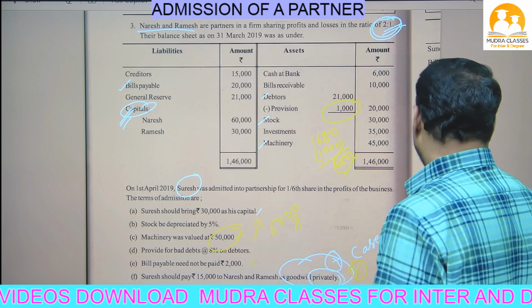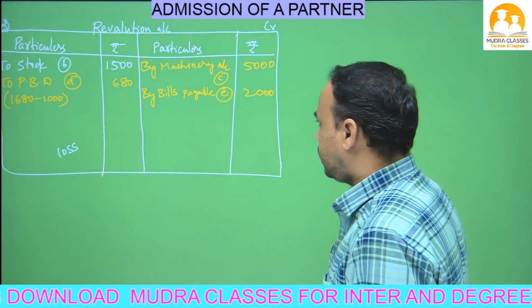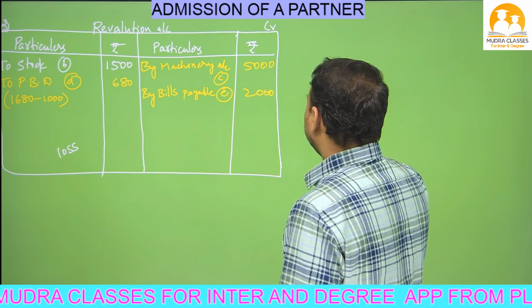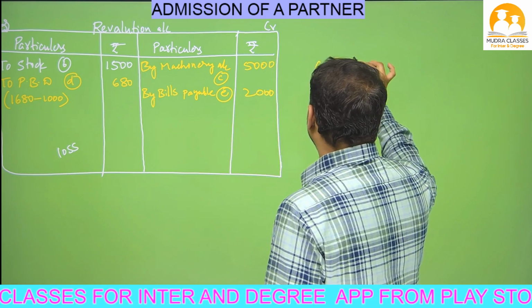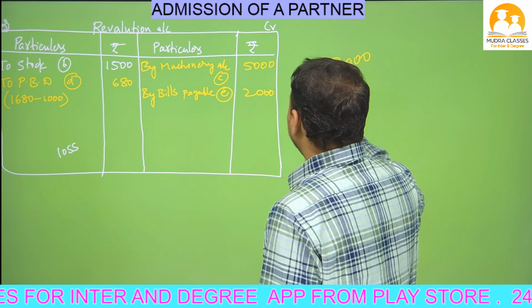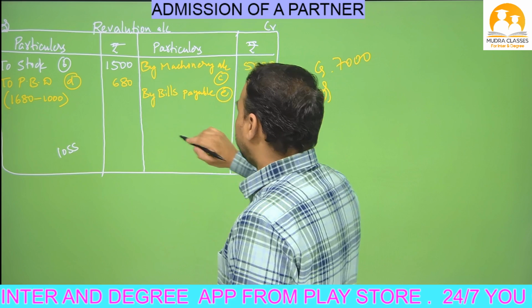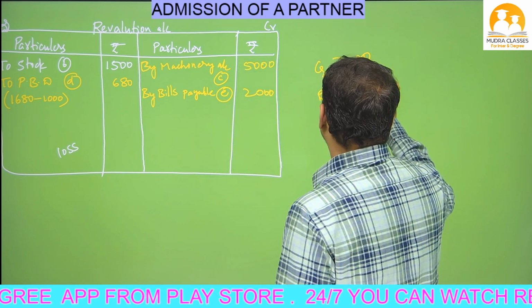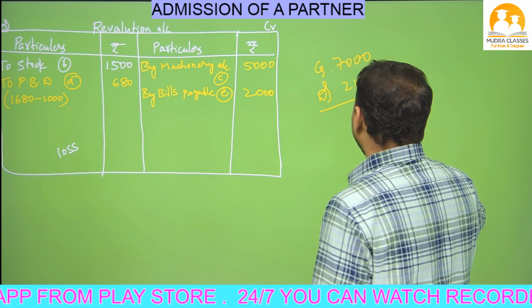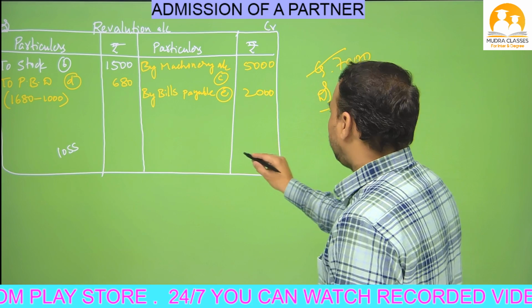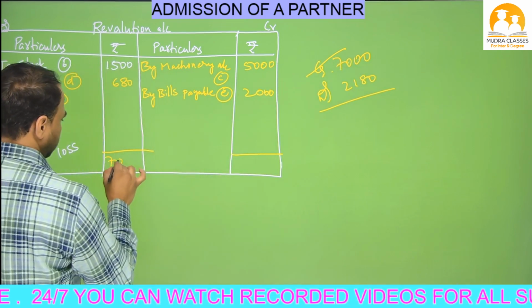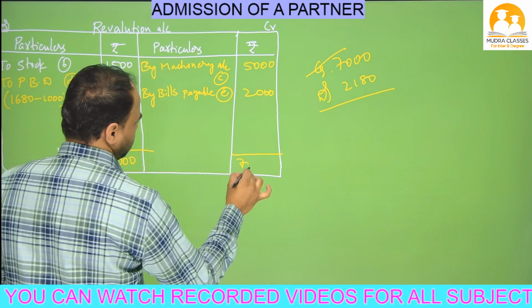Okay, now we have to close the account. Let's first close the revaluation account. Revaluation account credit side total you see, Nana, 5,000 plus 2,000. Credit side total is 7,000 rupees. Now see the debit side total, 1500 plus 680, 2,180. Now in these two, credit is the bigger amount, so on both sides write that big amount, beta, 7,000 rupees.